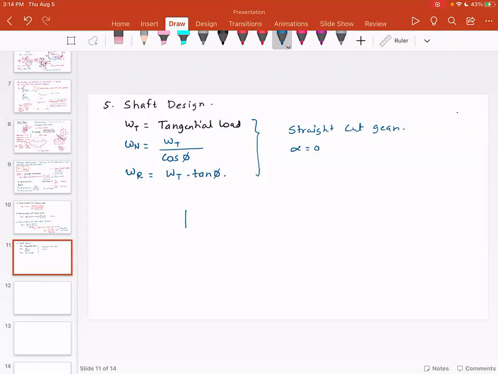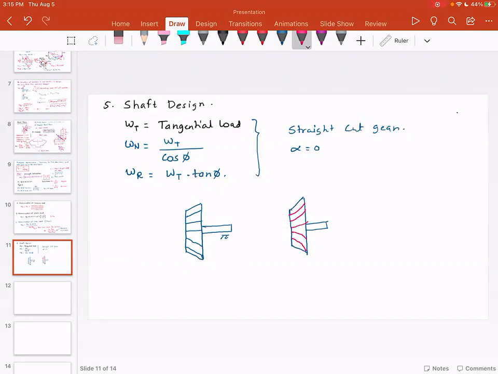So if you think about the bevel gear, it is going to look like this. This is a straight bevel gear. So if you were to look at the bevel gear where the teeth that are cut are at an angle, then you will notice it would be something like this.